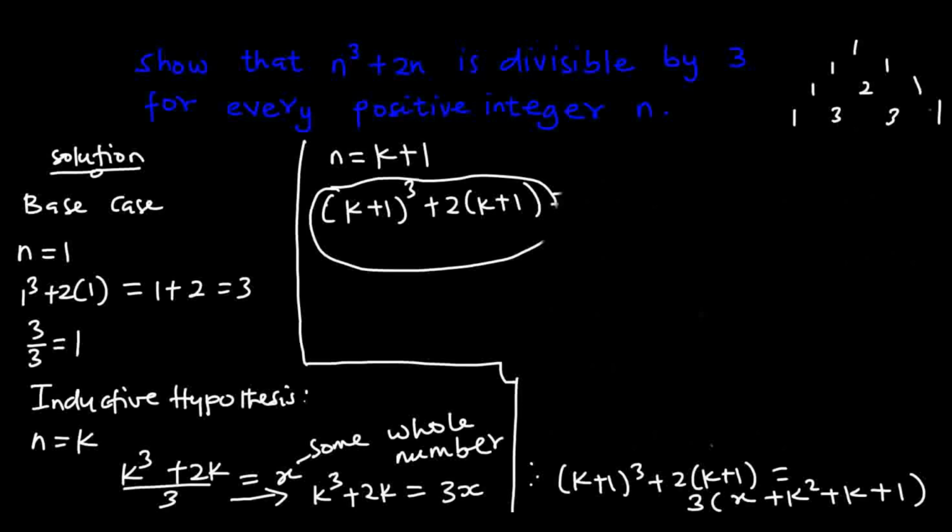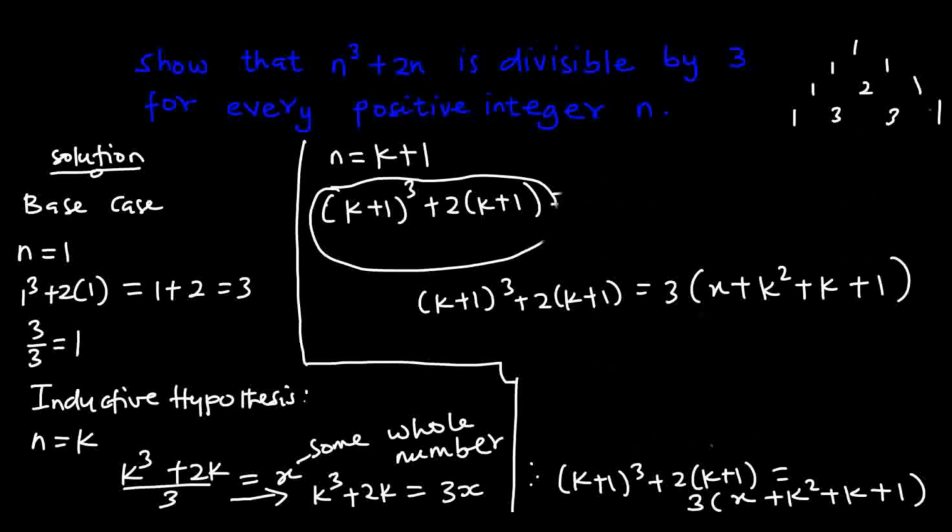Now I have the expression k plus 1 to the power 3 plus 2 multiplying k plus 1 equal to 3 multiplying x plus k squared plus k plus 1. Let's see if this is divisible by 3. I'm going to divide by 3, and this 3 will cancel out this 3.